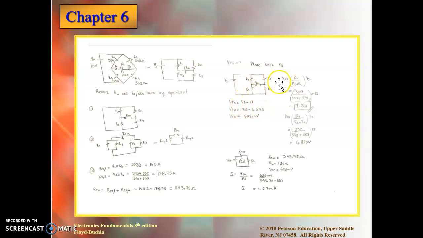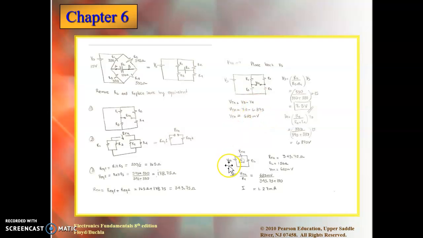I have to find V3 using just a simple voltage divider. I find V3 is 7.5, and then I find V4 using another voltage divider that is 6.87. I plug them in, I subtract them, and I get 625 millivolts.